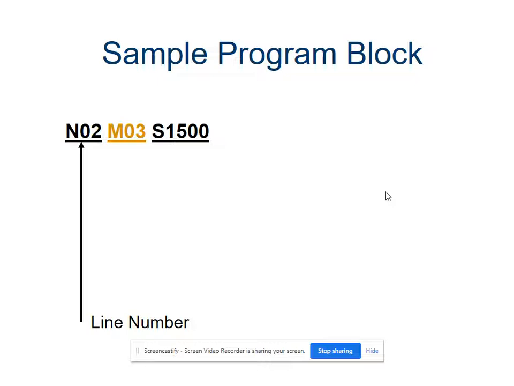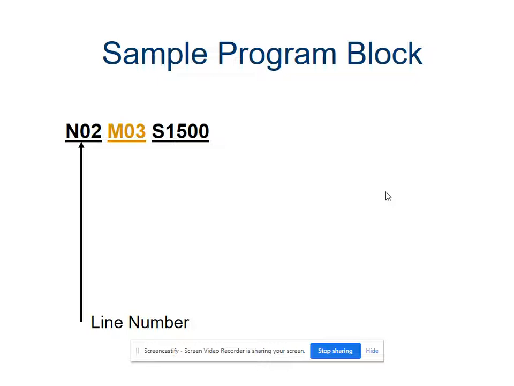So Alex, then it says S1500. What does S stand for? Did you look at the reference sheet? What's the letter S stand for? It's under frequently used characters. Spindle speed. So it's how fast that thing is turning. In this case, the speed is 1500.